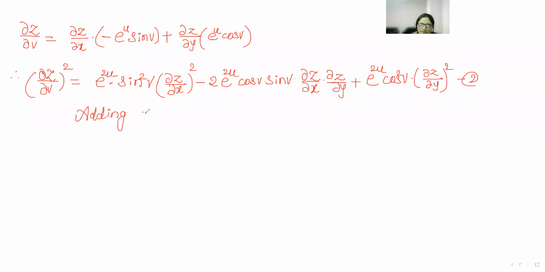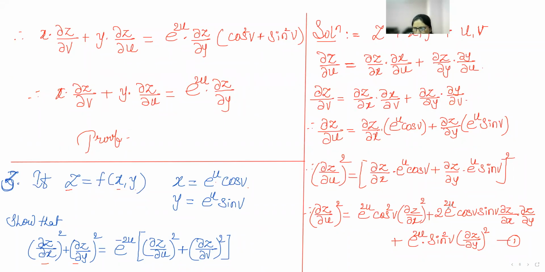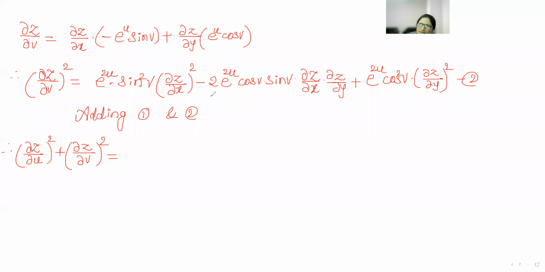Adding 1 and 2, therefore dou z by dou u bracket square plus dou z by dou v bracket square is equal to, in the first equation, 2 into e raised to 2u cos v sin v dou z by dou x into dou z by dou y. And in the second equation we have minus, so plus and minus will get cancelled. The remaining terms we are going to equate.